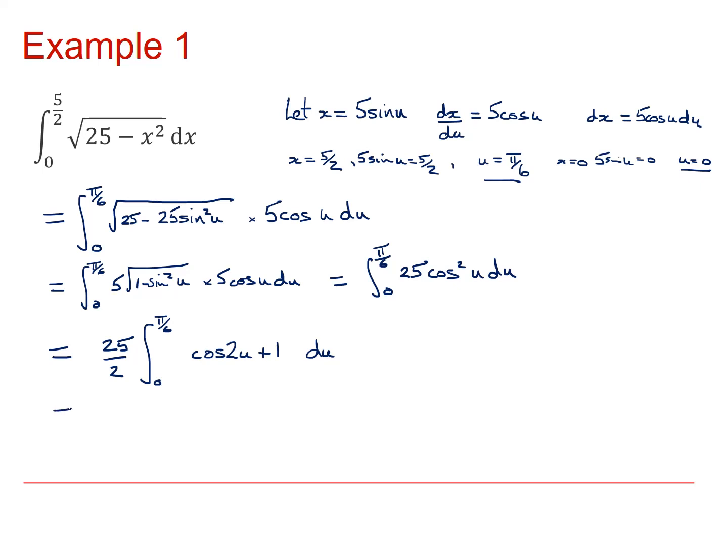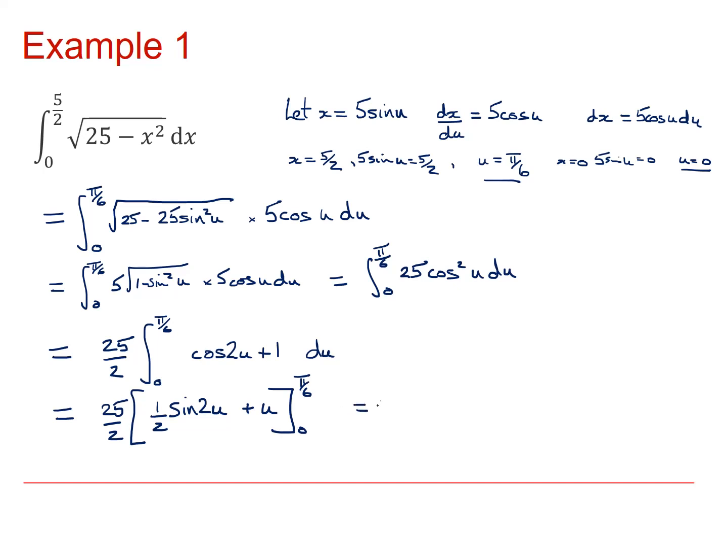So now we do the integral. I'm going to get 25 over 2. Integrate cos 2u, I get a half sine 2u plus u, and that's between 0 and pi by 6.